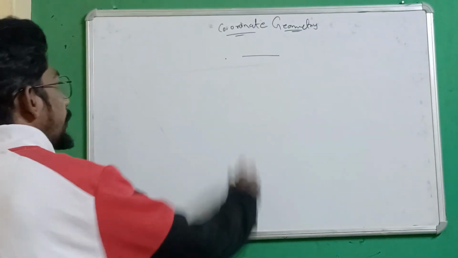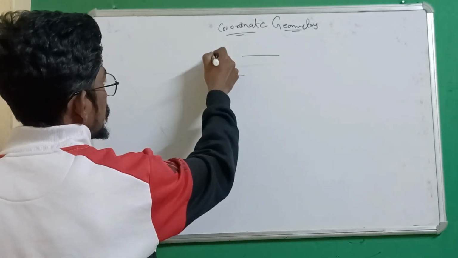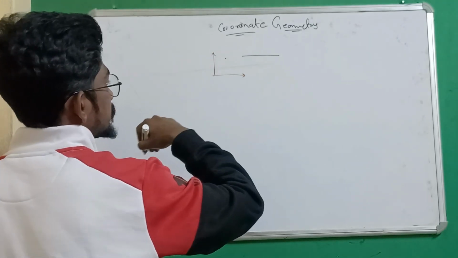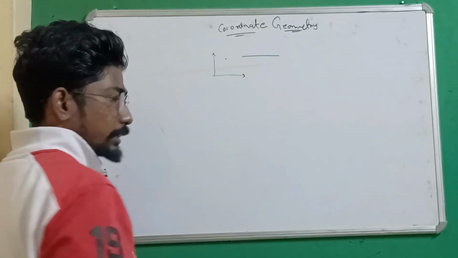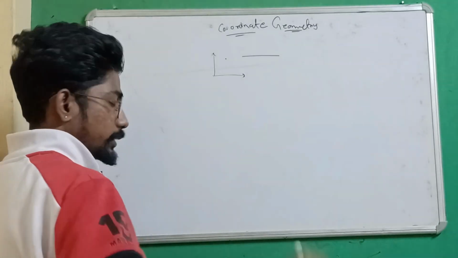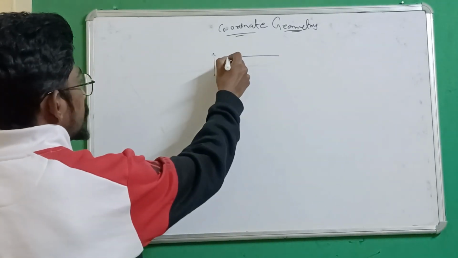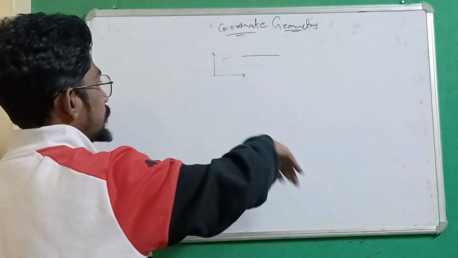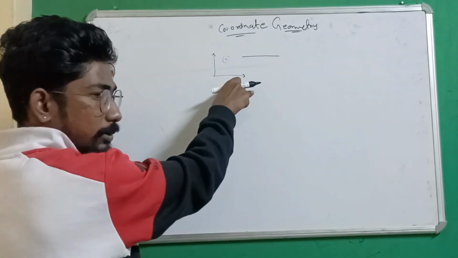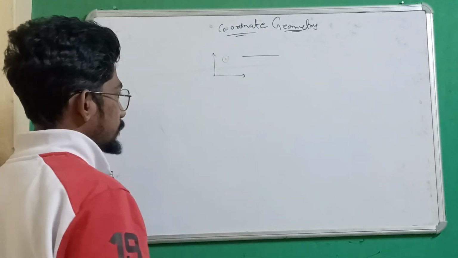A point on an axis can have its locus marked in two ways, right? This is called the coordinate of any point on an xy plane. There are two ways you can have this coordinate.